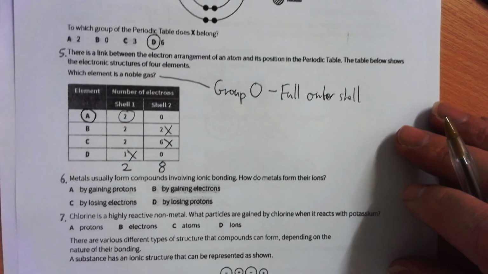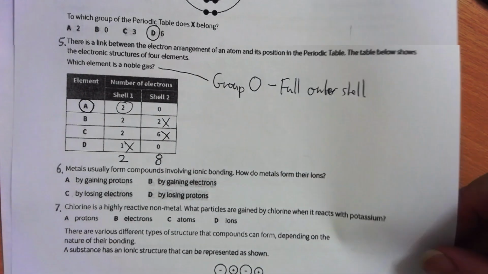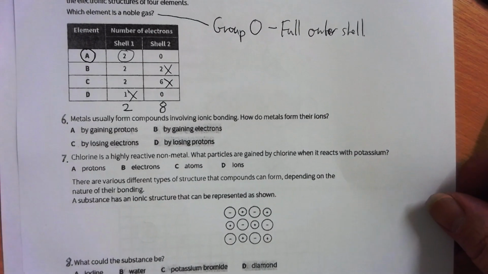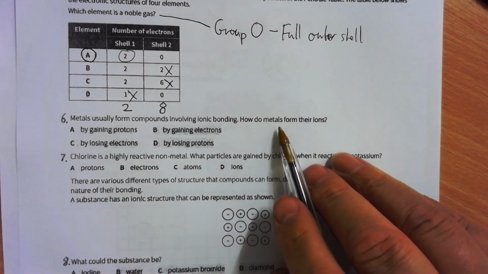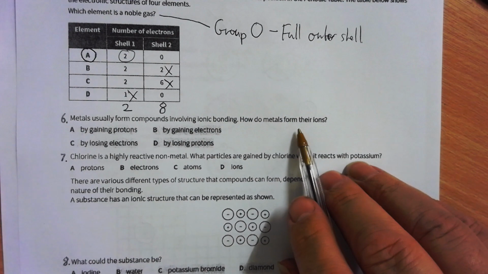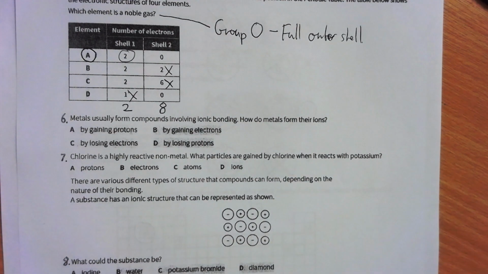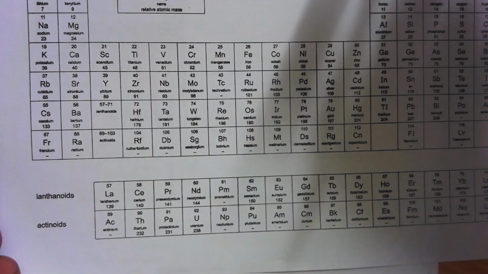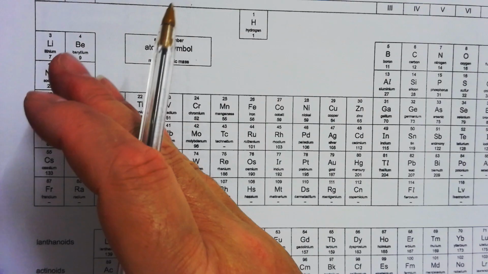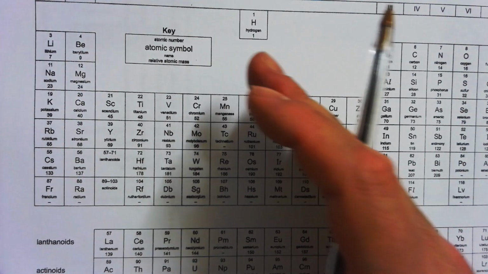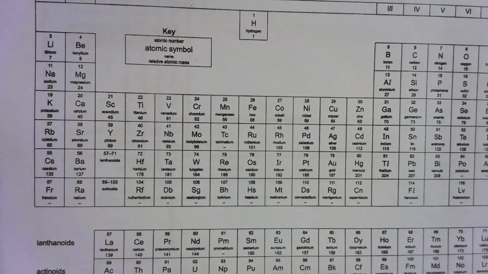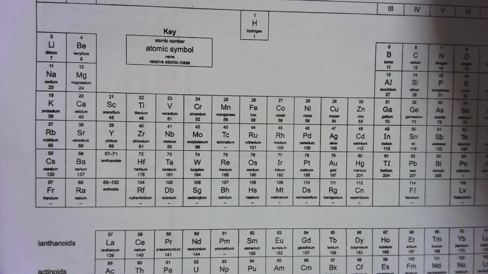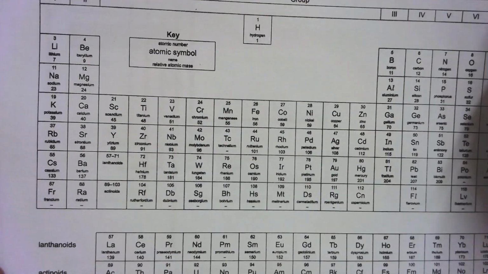Question number 6. Metals usually form compounds involving ionic bonding. So this is bonding of ions. So how do metals form their ions? Now metals, remember, they're on the left hand side of the periodic table. So on the left hand side you've got very, very small numbers of electrons in the outer shells, so it's easier to remove the electrons than it is to add them.